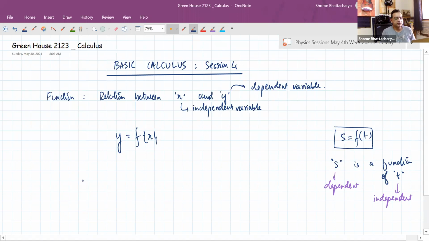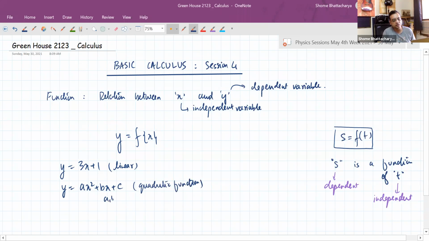Now, functions can be algebraic. This is an example of what we call a linear function. This is a general expression of what is called a quadratic function, where a, b, and c are constants, or any three numbers basically.